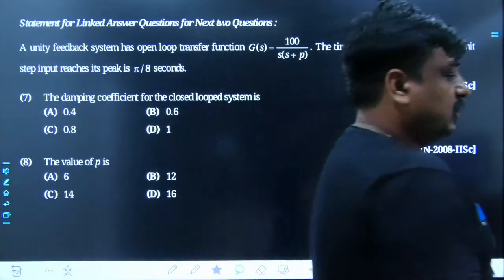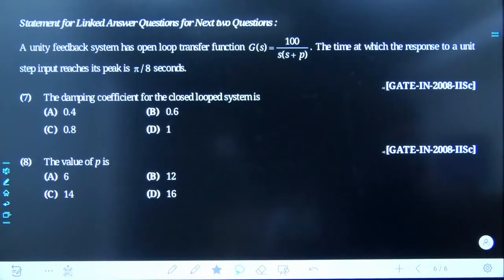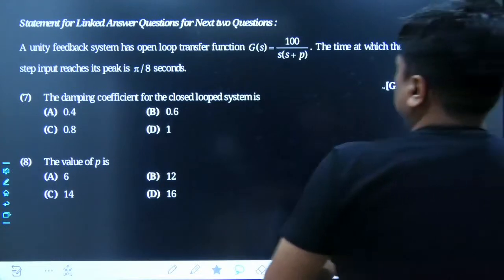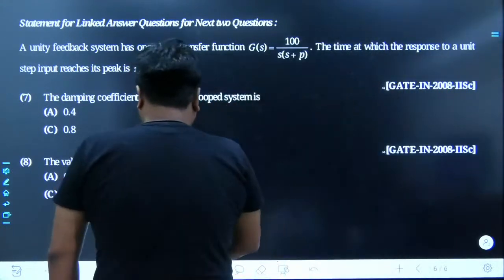As per Khanam, the answer is 0.6. As per Amit, the answer is B, and P is 12. Khanam, you are doing extremely well. Amit, you are also doing extremely well. Both of the answers are perfect. So I can say this was just the simplest form of the problem.